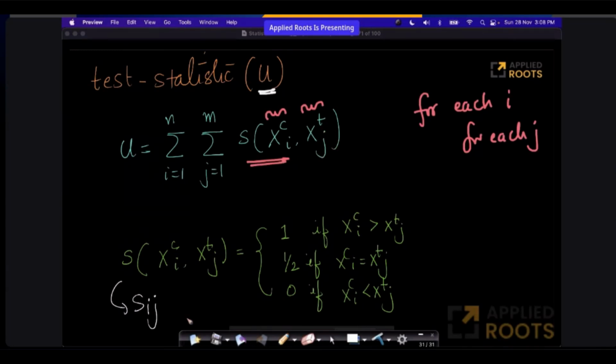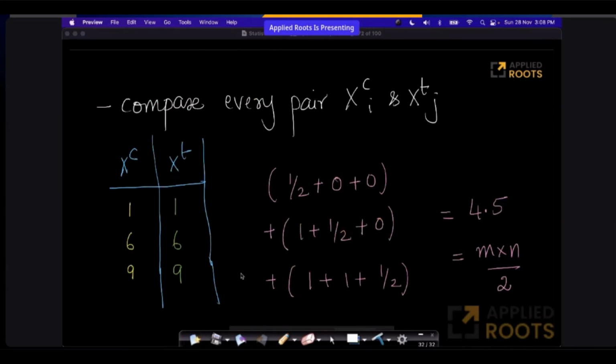I'll show you a simple example. Suppose you have XC values. Let's assume these three are XC values, these three are XT values. What it's doing here is comparing 1 with 1, 1 with 6, 1 with 9. Then it will compare 6 with 1, 6 with 6, 6 with 9. It's going to compare 9 with 1, 9 with 6, 9 with 9.